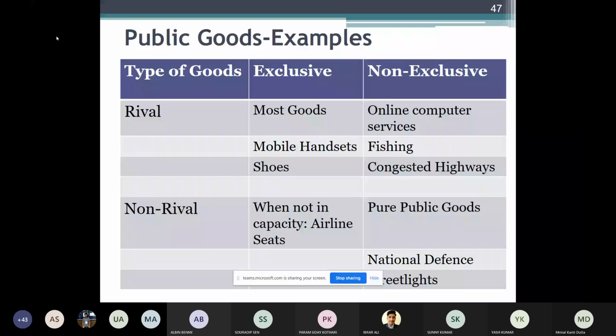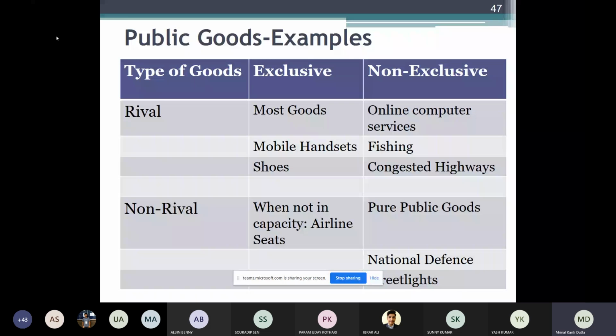So it's a non-exclusive characteristic of fishing. But at the same time, the amount of fish available in the pond or lake might be limited. Once the first users catch fishes, the amount available for other people will be lesser and lesser. So in that sense, it will be rival in consumption.